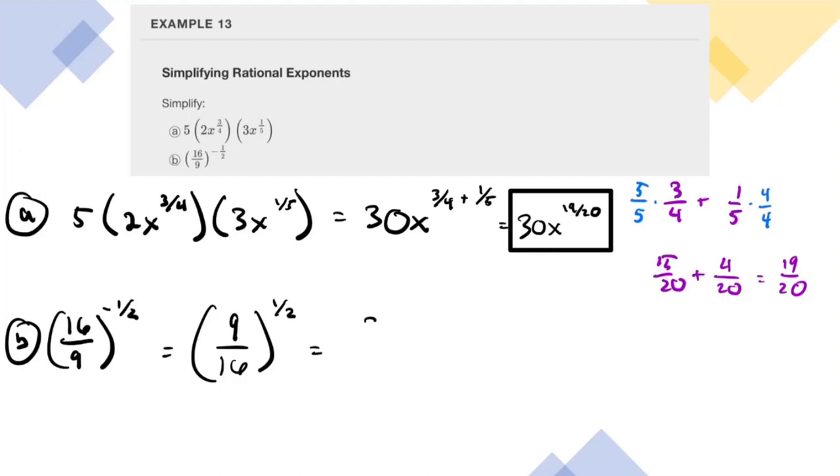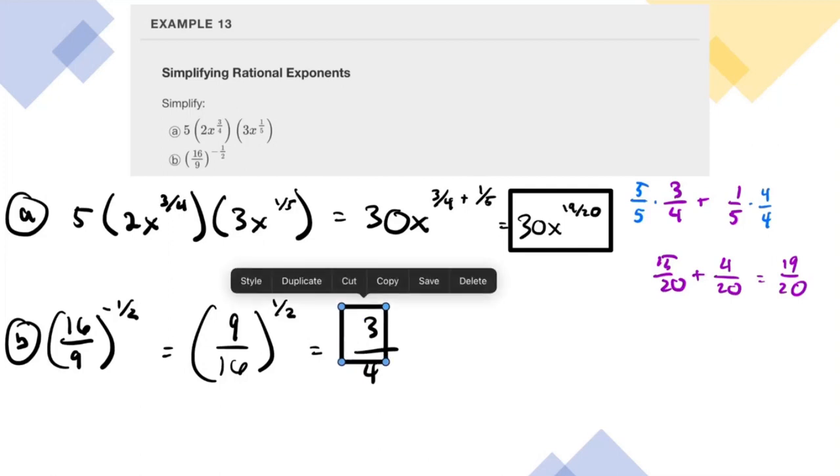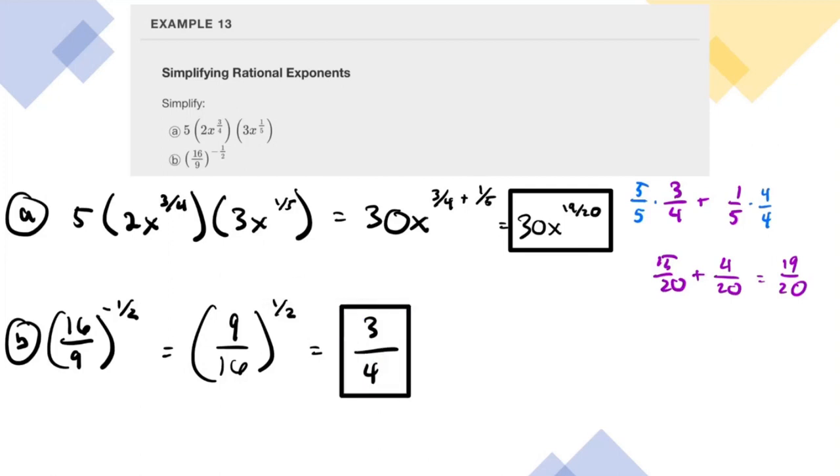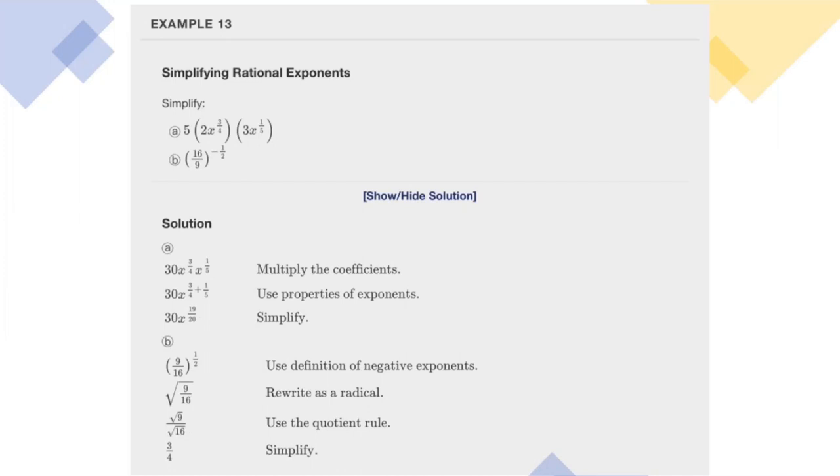The square root of 9 is 3. The square root of 16 is 4. Okay, not bad. So that one we got 3/4. I think they flipped the fraction, square root, right.